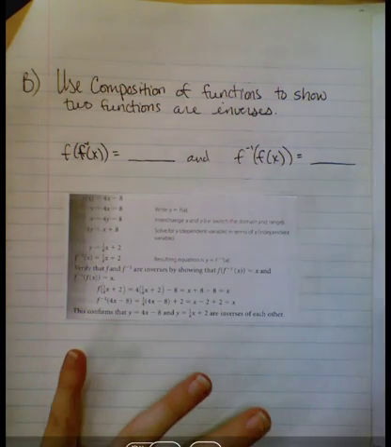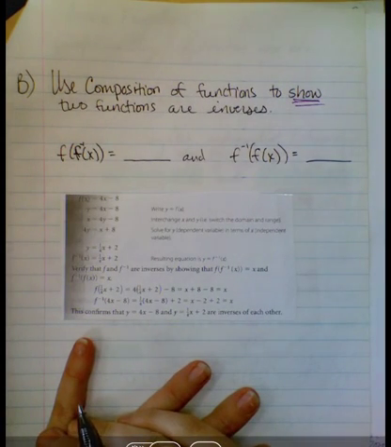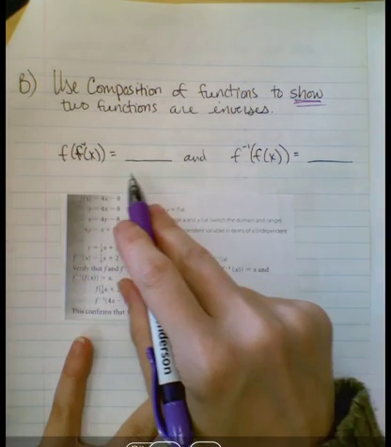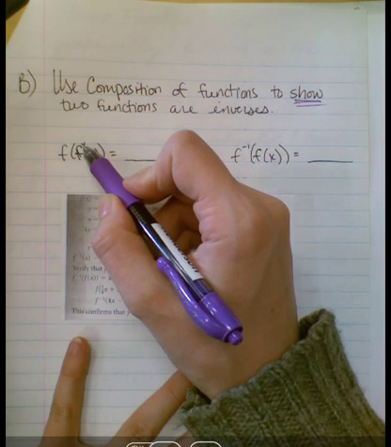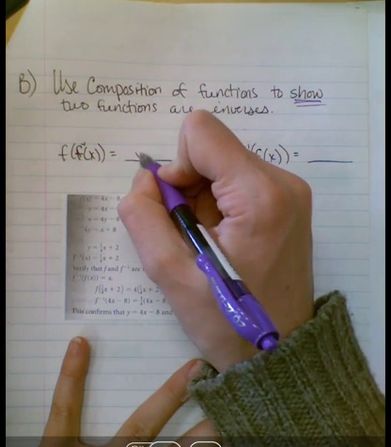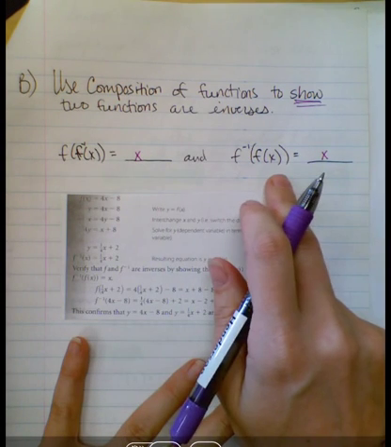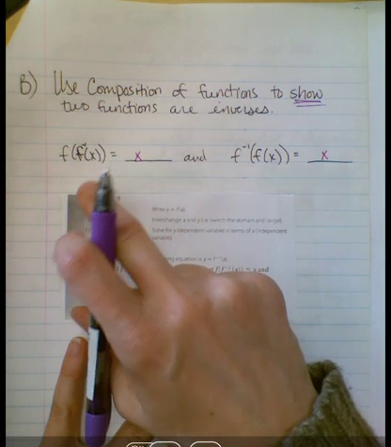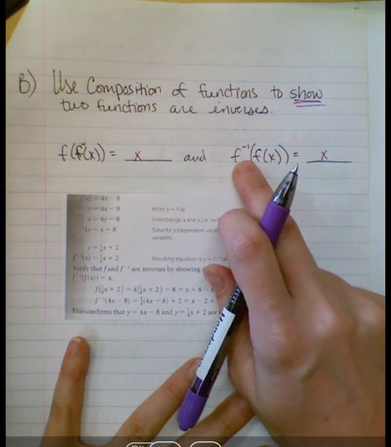B, use composition of functions to show, that's a big word, show two functions are inverses. So we're going to use the definition here of a function inverse, which is that f of f inverse of x will always be x as well as the opposite composition. So this is with plugging in the inverse into the original function, and this is plugging in the function into the inverse.